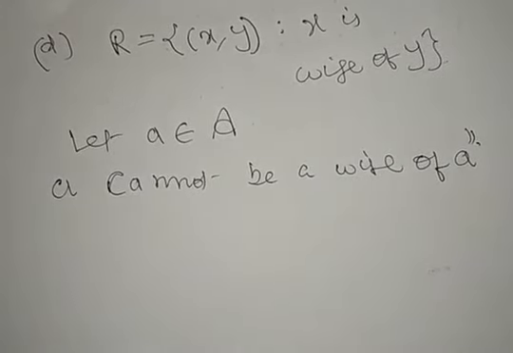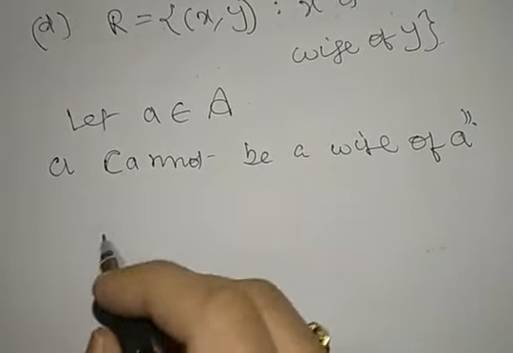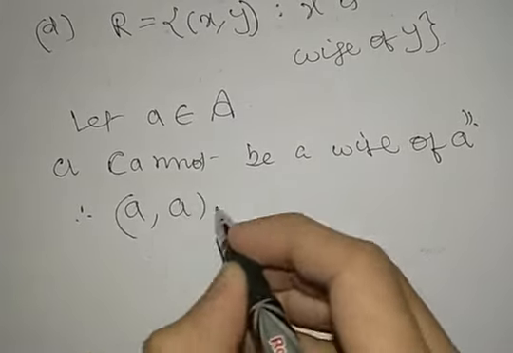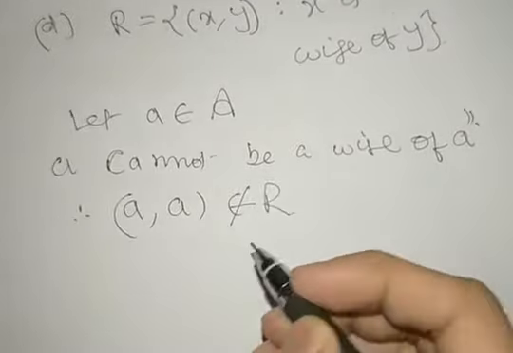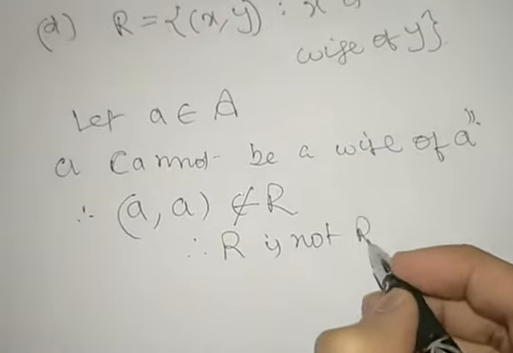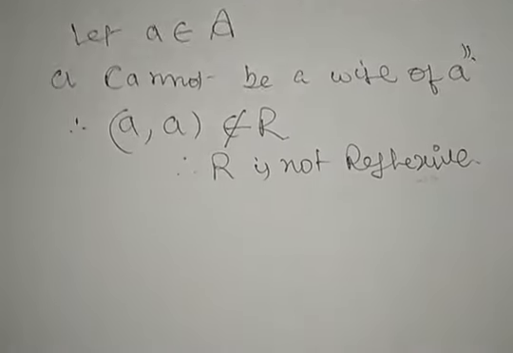A cannot be a wife of A, therefore (A, A) will not belong to R. So therefore R is not reflexive.